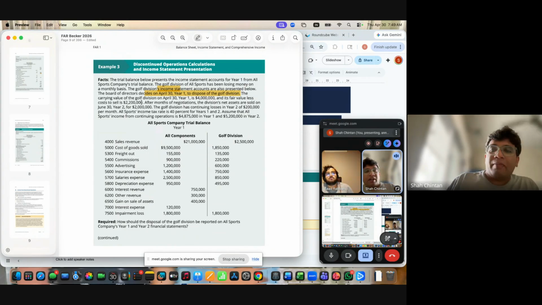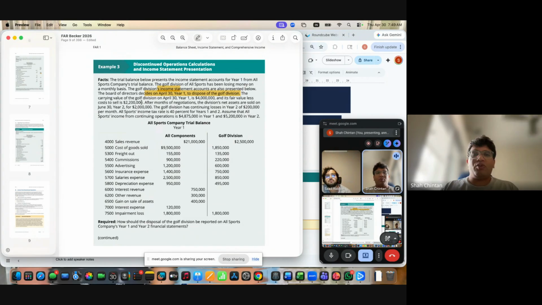Now this is actually an impairment loss. If your carrying value is more than fair value less cost to sell, then it is called an impairment. So 4 million minus 2.2 million, which means 1.8 million, is your impairment loss. They have already given you the impairment loss of 1.8 million below in the P&L.